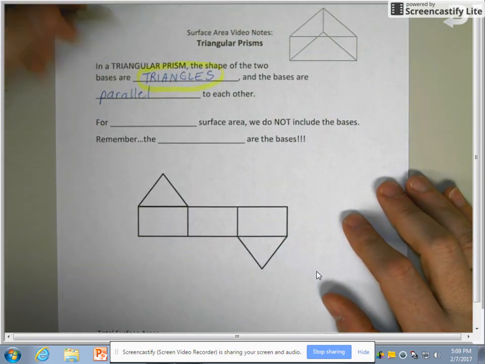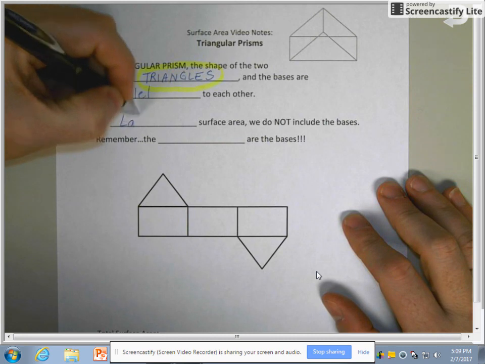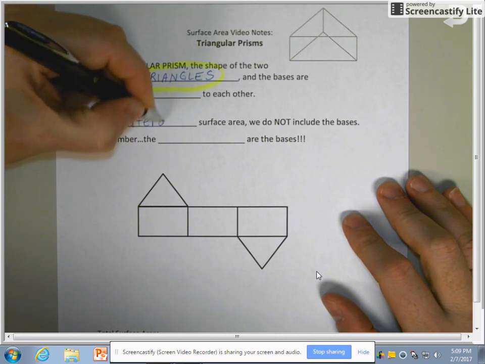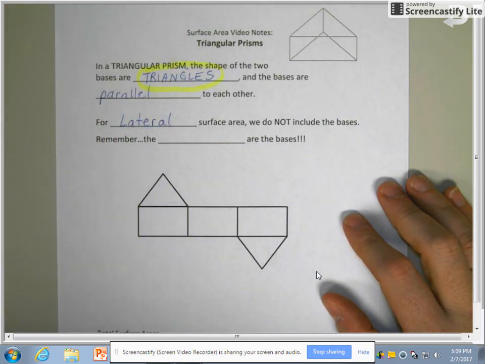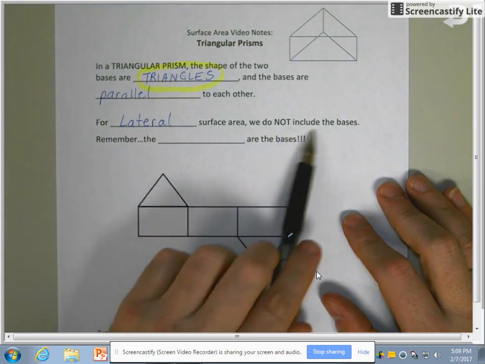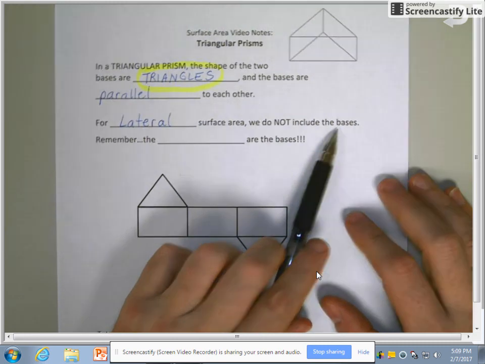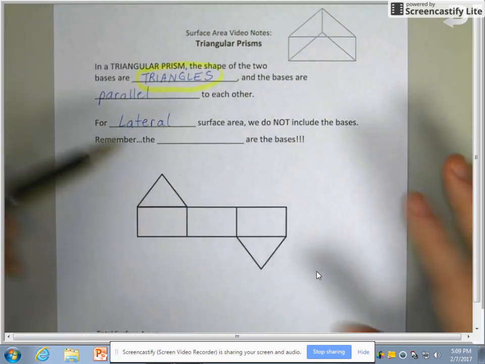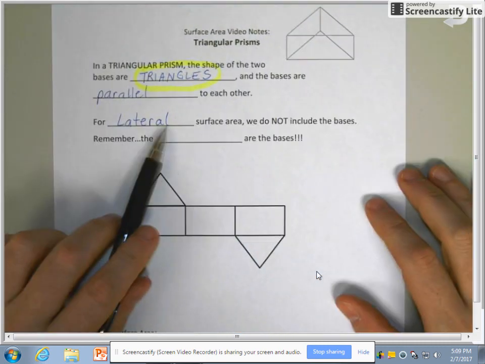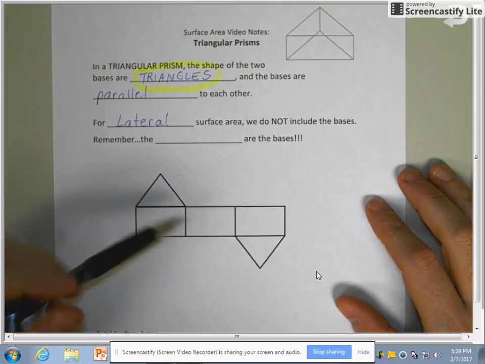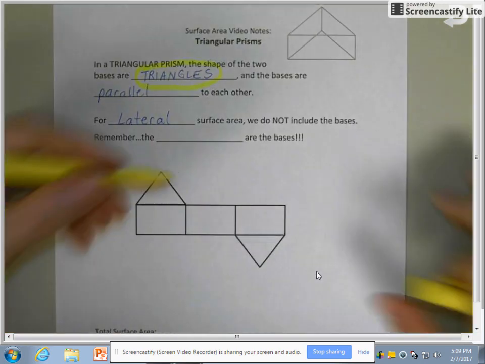Now for lateral surface area, you remember total surface area means that we would add all the surfaces together. For lateral surface area, we do not include the bases. That's why this part is super important, because they're going to ask you about lateral surface area, and we need to make sure we remember that the bases are these.